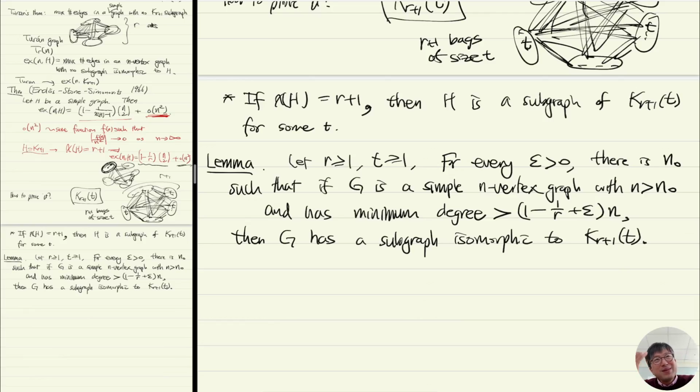If the minimum degree is this, the number of edges is degree times n divided by 2, right? So if minimum degree is bigger than that, then it definitely has more edges than this number. So therefore, as long as n is big, you must have an H, which is K_{r+1}(t), right? This is what we want. So let's see why this is true.